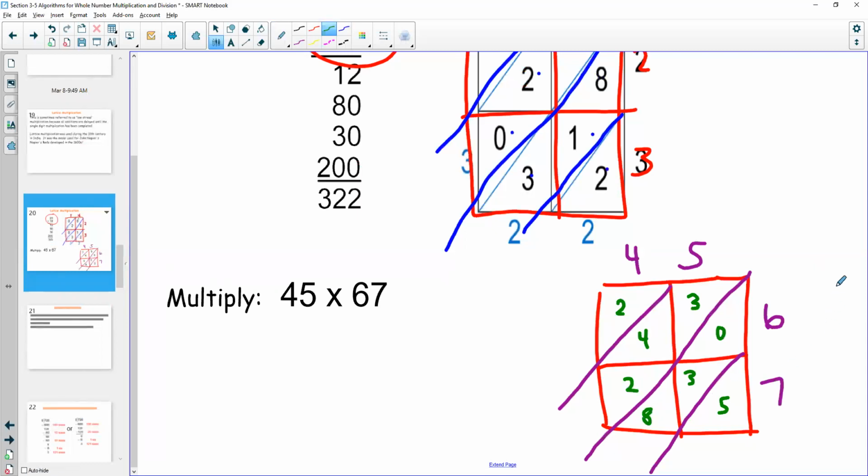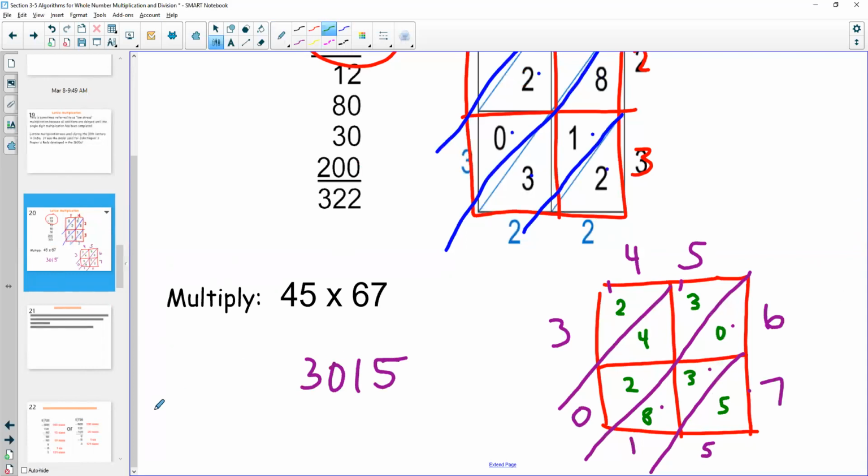And now we add down diagonals. 5 becomes 5. 0 plus 3 plus 8 is 11. Carry your 1. 2 and 4 is 6, plus 3 is 7, 8, 9, 10. Put down the 0, carry the 1. So our answer is 3,015.